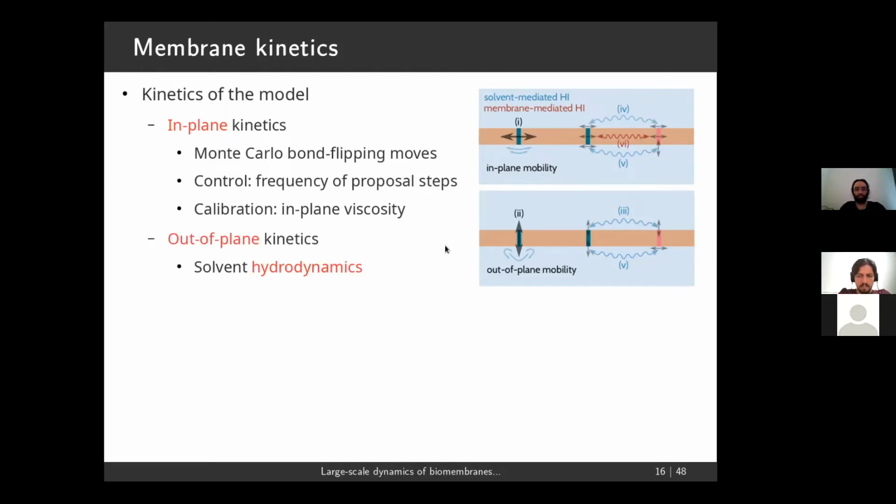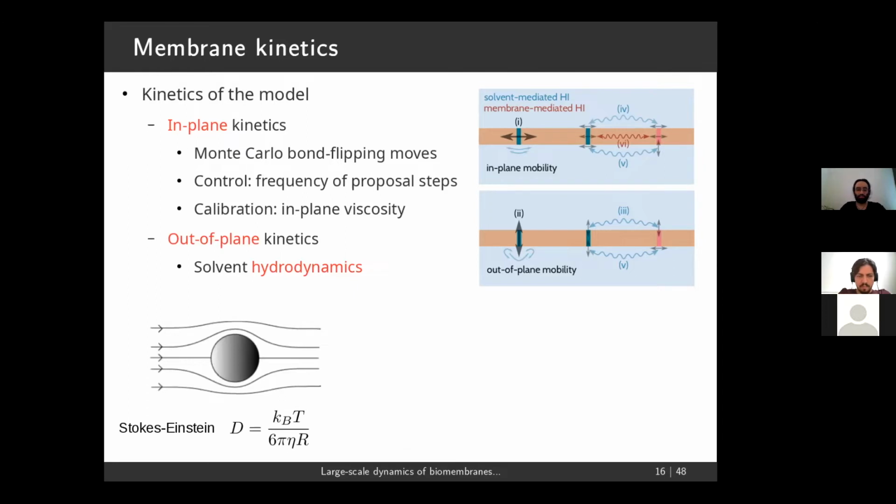If you focus on the out-of-plane kinetics, you would definitely need a good description of solvent hydrodynamics. For example, compare it with the simple case of a spherical particle floating in a fluid domain, and we have the famous Stokes-Einstein description, which gives you a diffusion constant based on the viscosity of the fluid and the geometry of the particle.